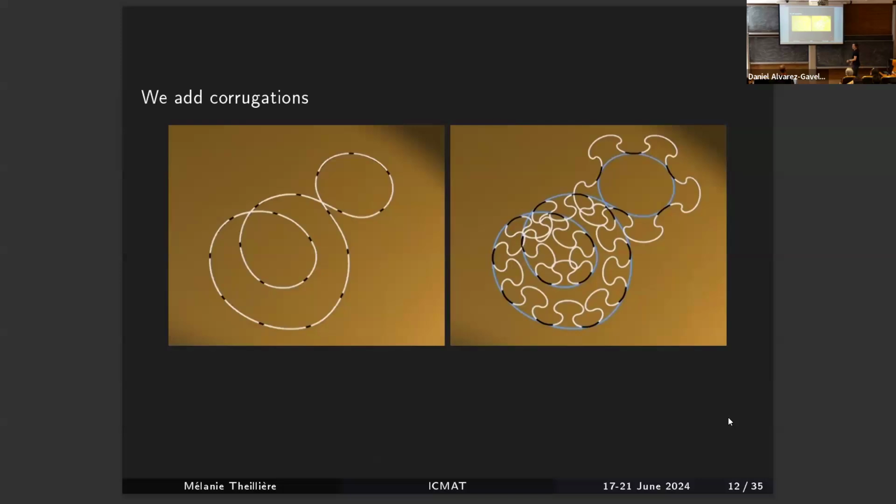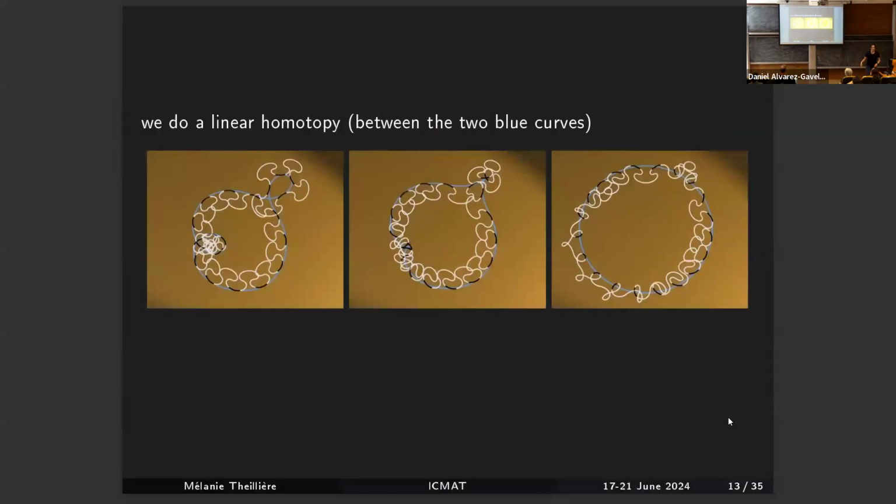So what happens to build a regular homotopy? We consider an initial curve, and we add corrugation. We still see a bit in light blue the initial curve, and we add corrugation on it. And after, we do a linear homotopy between our initial curve and the end curve.